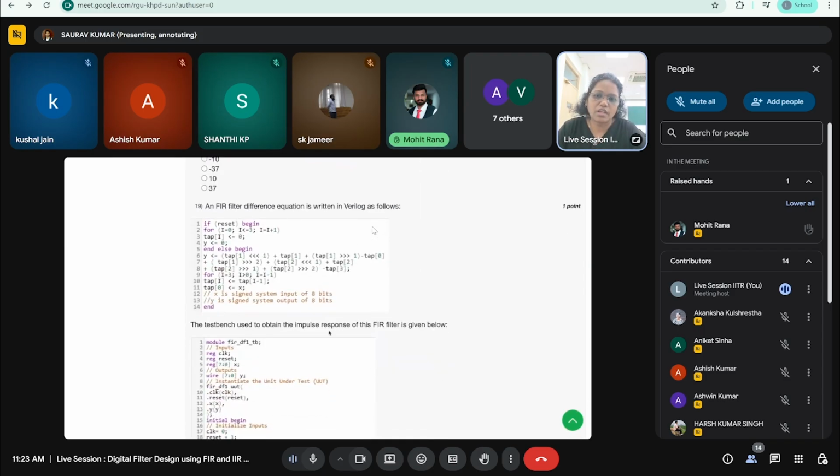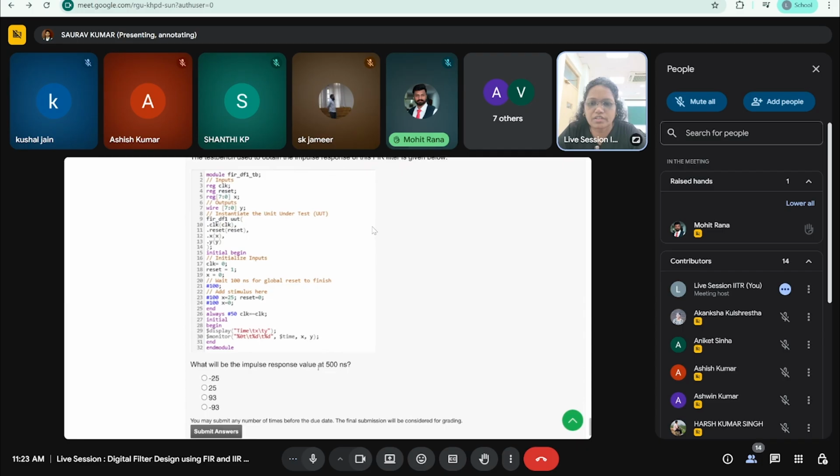These last 5 questions are basically getting the FIR filter and IIR filter impulse response and step response. And for the step response also, if you have a magnitude difference, like 100 or 10 or 50, what should be the response of it? So this is about the impulse response of the FIR filter.